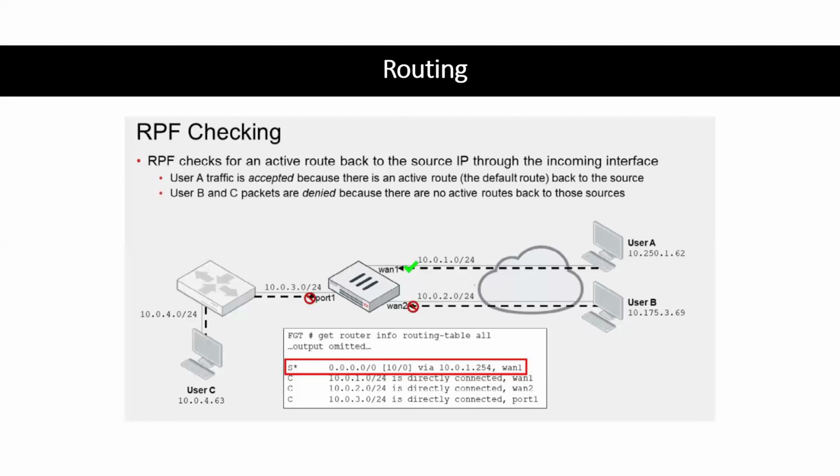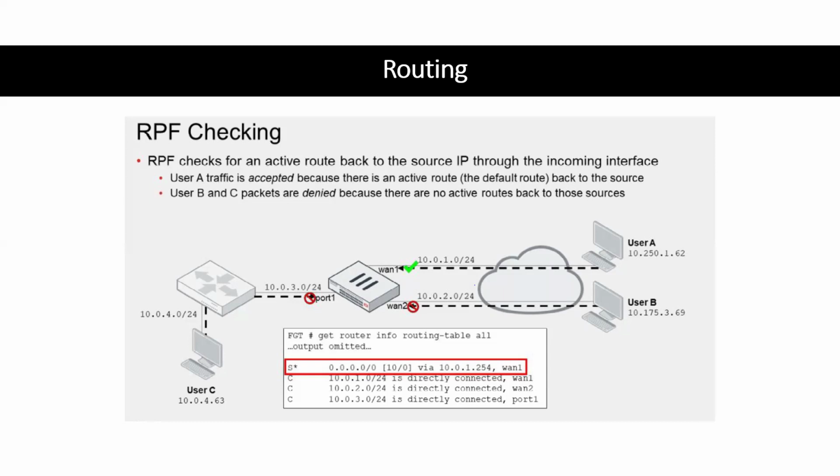Okay, gotcha. Let's use another example with this diagram. User B, being the new source, is trying to send traffic to user A. User B exists on 10.175.3.69. We'll say the 10.175.3.0 network.